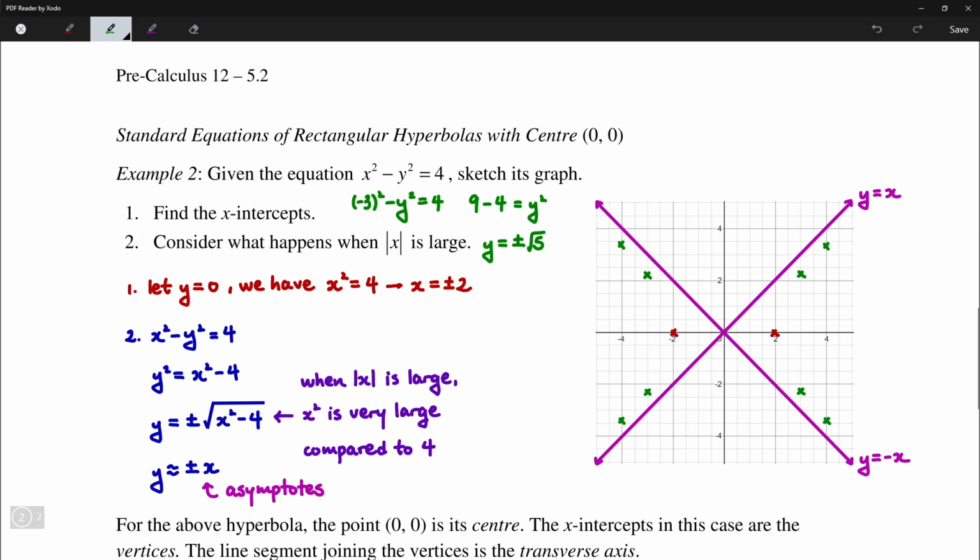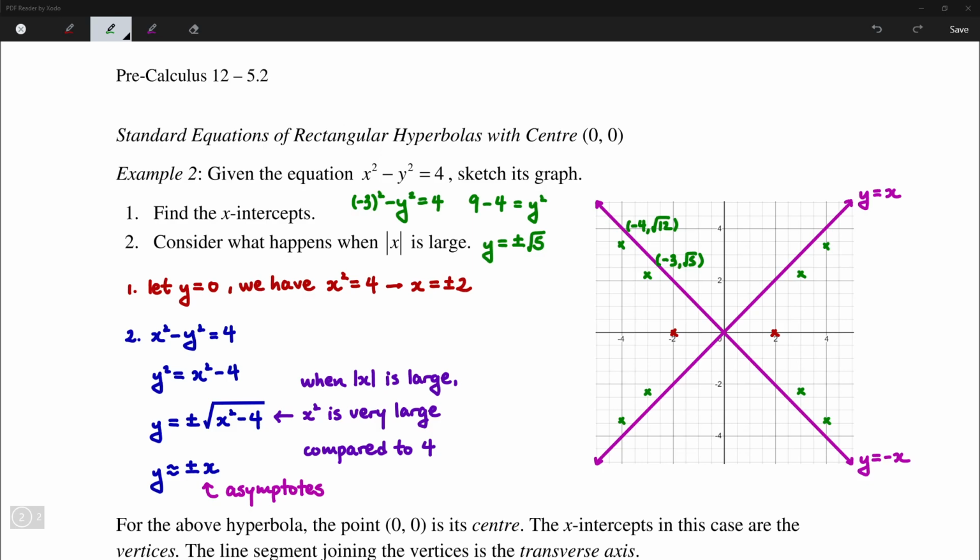So let's just label one of the points as an example. This is the point negative 3, root 5. And this is the point negative 4, square root of 12. And the rest of the points can be found in a similar manner.